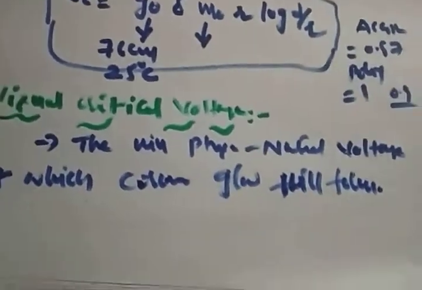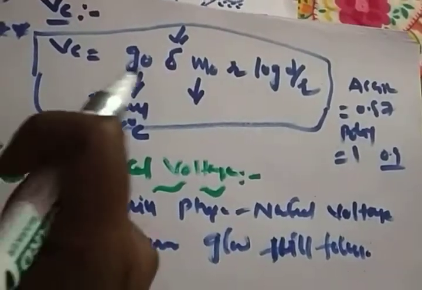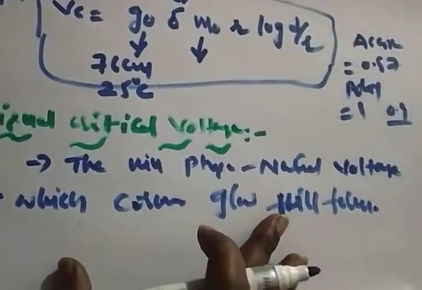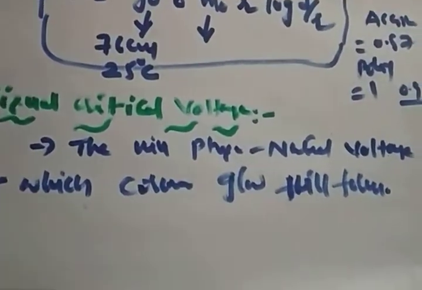So what is the critical disruptive voltage? That at which the corona will form, the breakdown of air will form. The minimum phase to neutral voltage at which the corona glow will form. That voltage we can call the visual critical voltage.